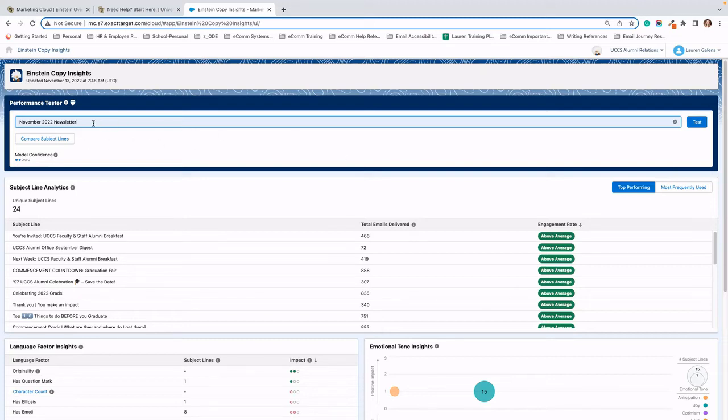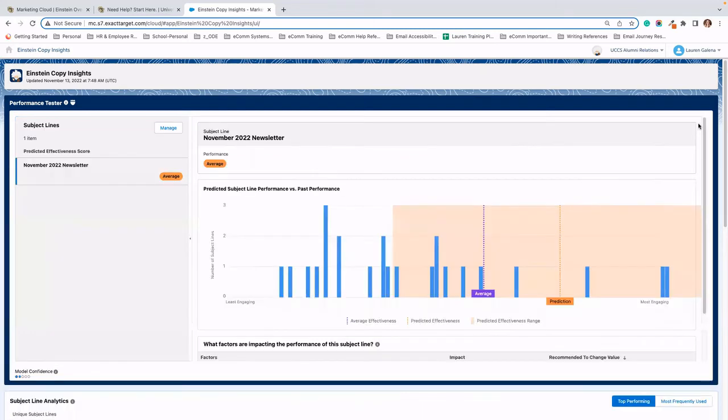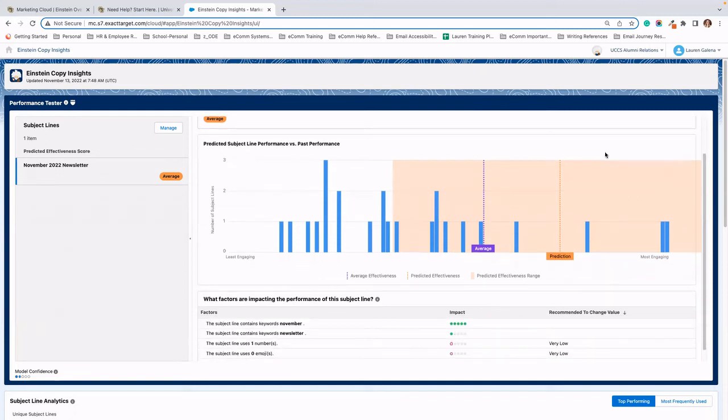You put that in here and click test, and it will bring up two real-time insights for that subject line. Here we can see this graph, and at the bottom it has the lowest performing subject line in the business unit to date and the highest performing.